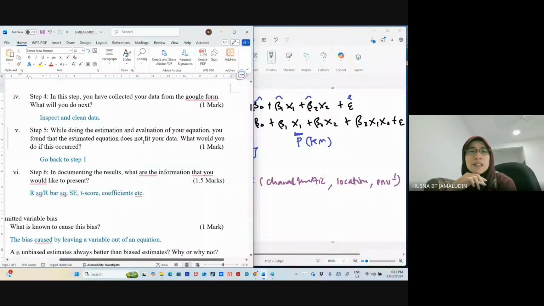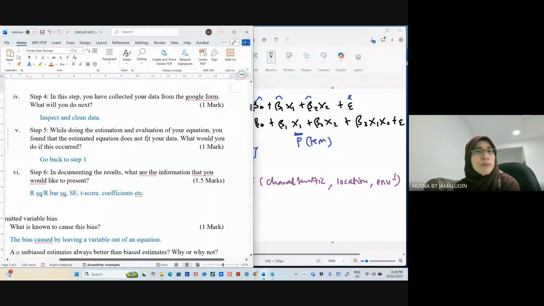When you estimated it, somehow it doesn't follow your expected sign. All the independent variables are not significant. Even though they are significant, somehow they don't really follow your expectation. Means that your estimation is just going into disaster. It doesn't really follow what you have expected.